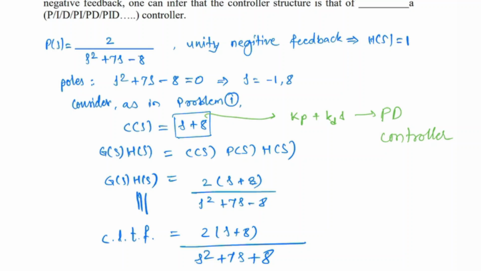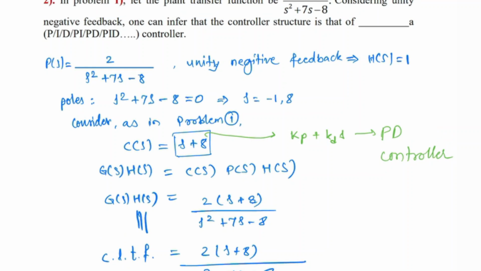So just by using information from problem 1, we can say that a PD controller would stabilize the given plant.